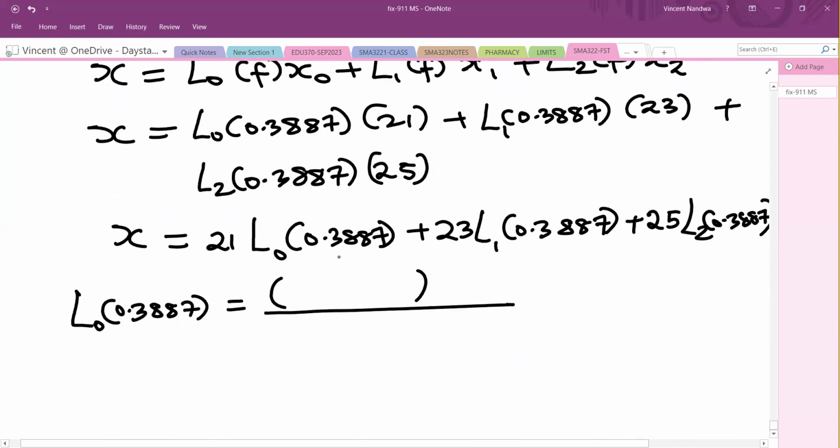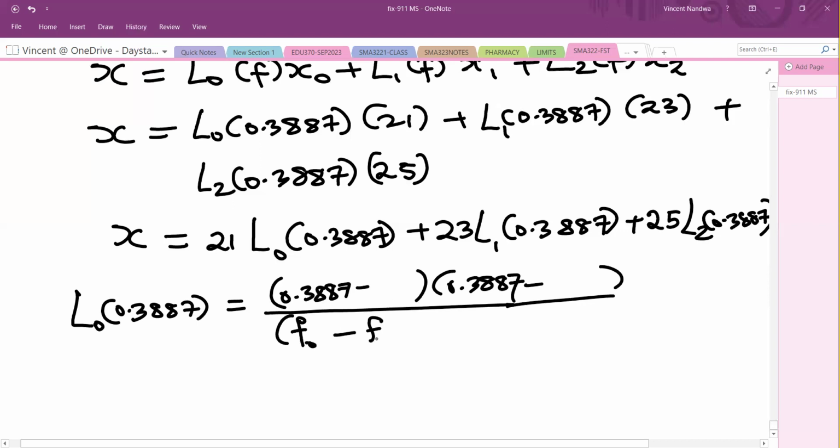So I'll have 0.3887 minus f1, then 0.3887 minus f2, over f naught minus f1, then f naught minus f2.